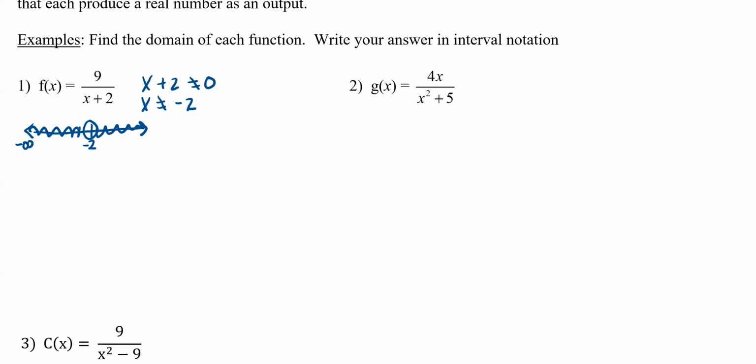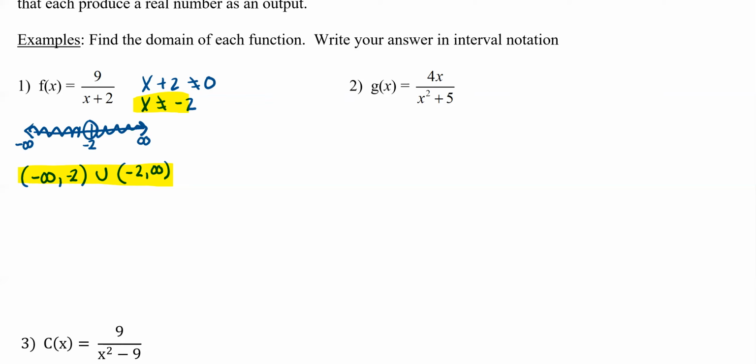So as an interval, I go from -infinity to -2, union -2 to infinity. So what I'm about to highlight, these are the same answers. But since the directions say we must write it in interval notation, you must write it as an interval.